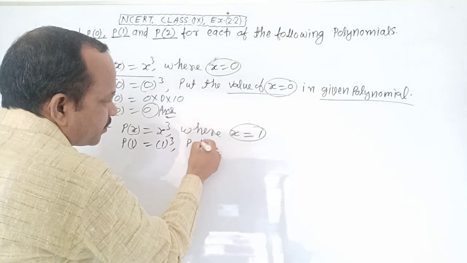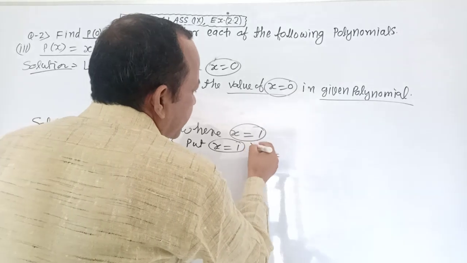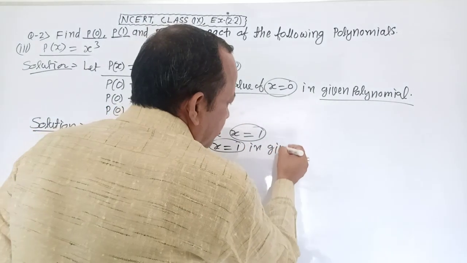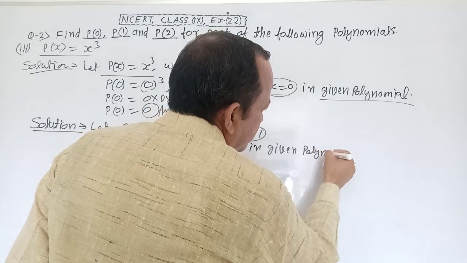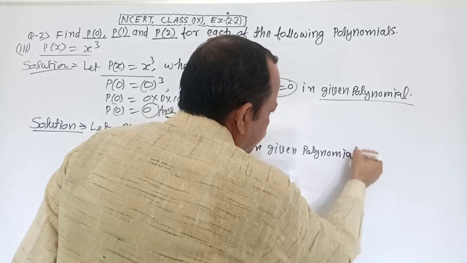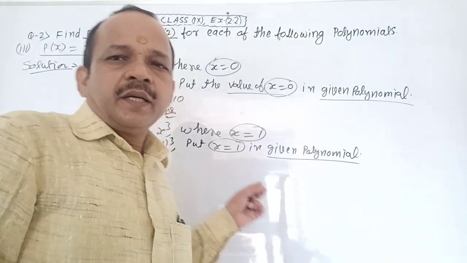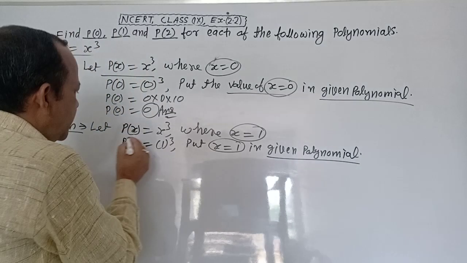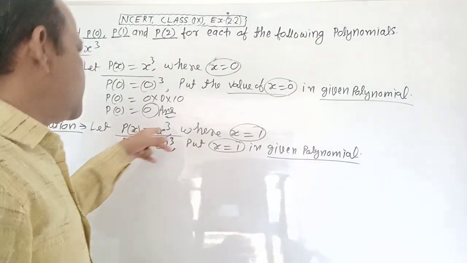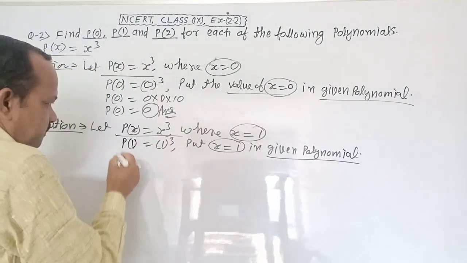Put x equals 1 in the given polynomial. You put x equals 1 in the given polynomial. The given polynomial is p(x) equals x cube. It is clear? See the board.